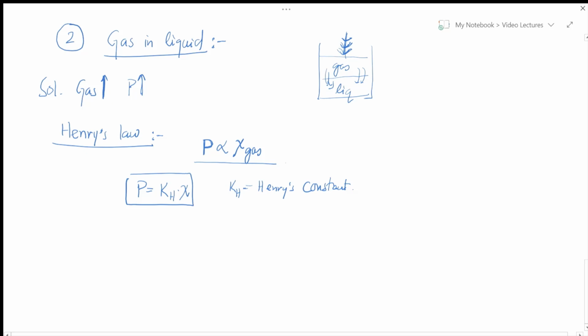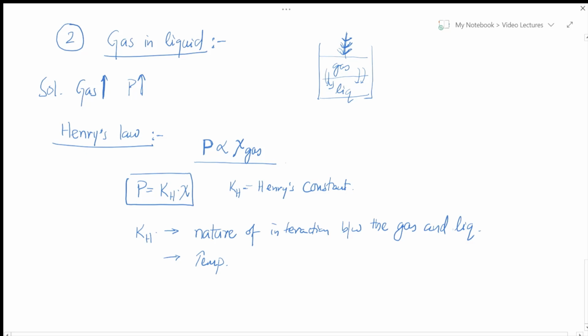Now in this case, Kh depends on nature of interaction between the solute, which is the gas, and the liquid, and it also depends upon temperature.